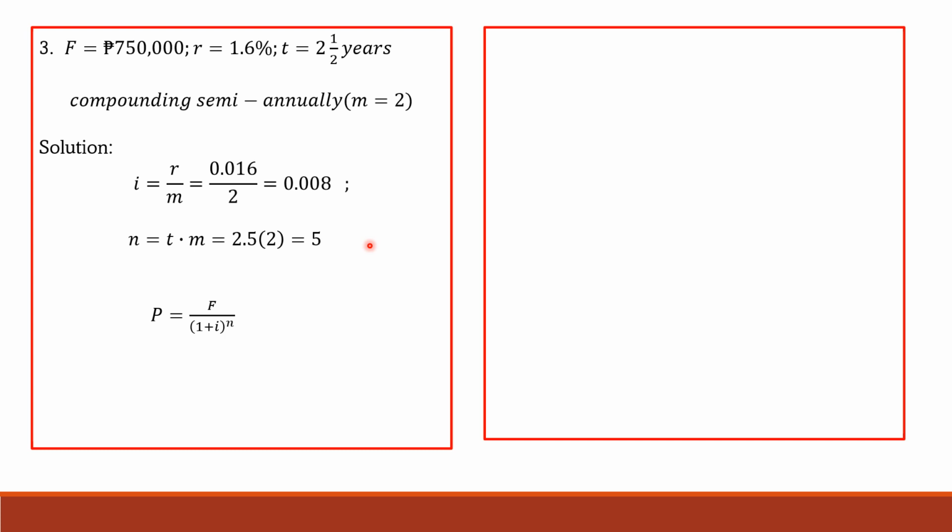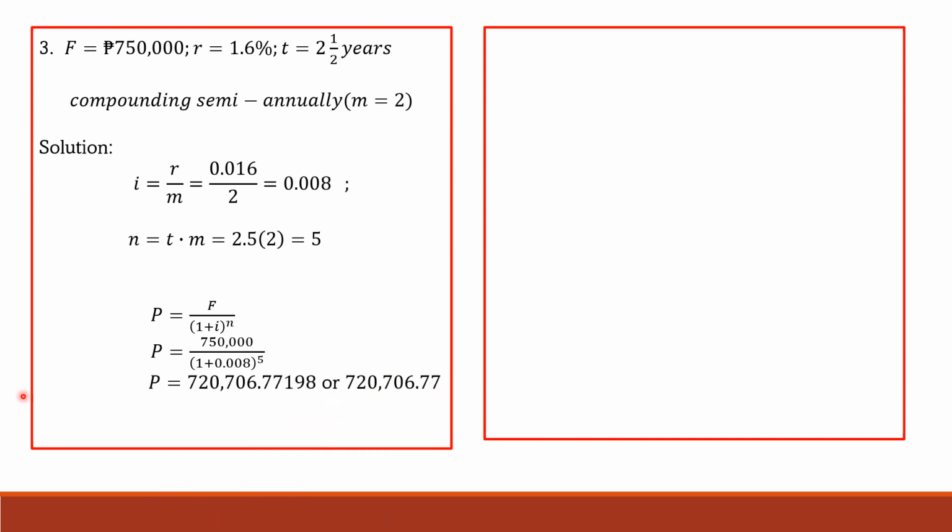And then, we'll use our formula for the present value. P equals F divided by 1 plus I raised to N. Ang ating pong final amount is 750,000 pesos divided by 1 plus ang ating I is 0.008 raised to N equals 5. Okay?